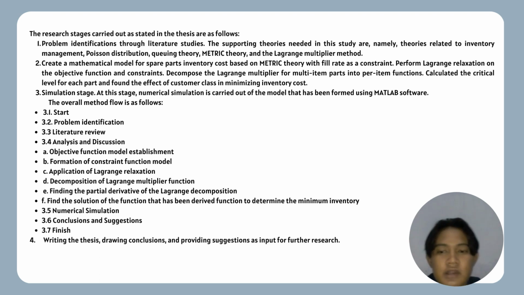And the fifth is numerical simulation. The sixth is conclusion and suggestion. And the last is finish. The fourth part is writing the thesis, drawing conclusion, and providing suggestion as input for further research.